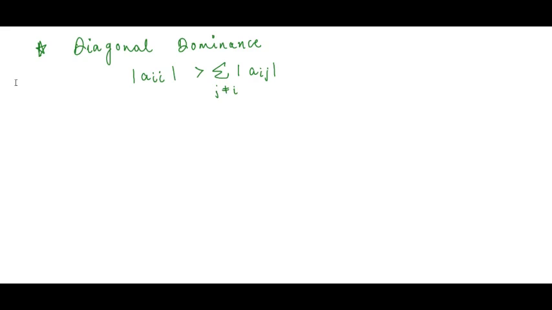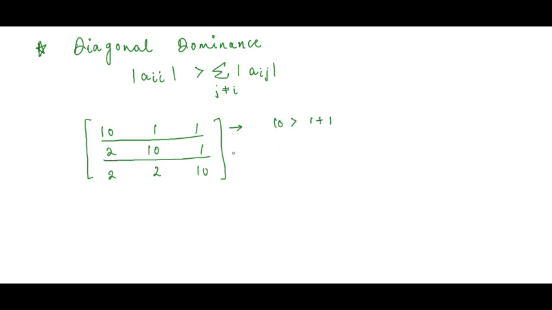For example, take the matrix 10, 1, 1; 2, 10, 1; 2, 2, 10. Checking each row, 10 is greater than 1 plus 1, 10 is greater than 2 plus 1, and 10 is greater than 2 plus 2. Hence, the matrix is diagonally dominant and the Jacobi method is expected to converge.